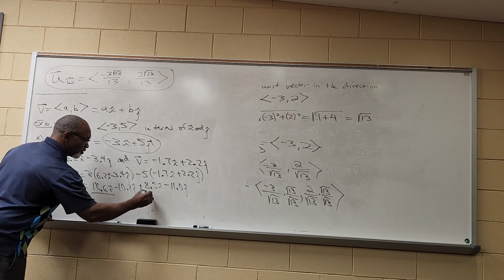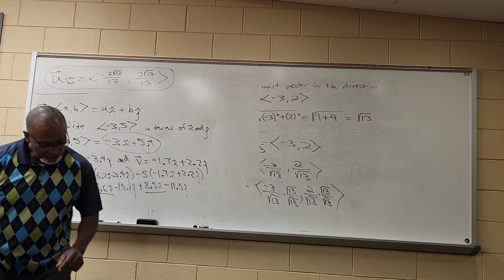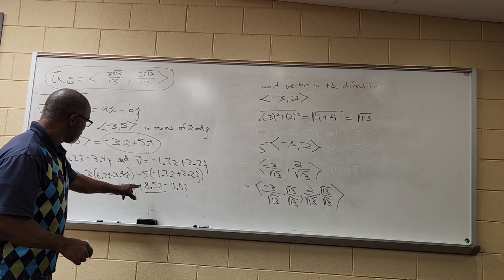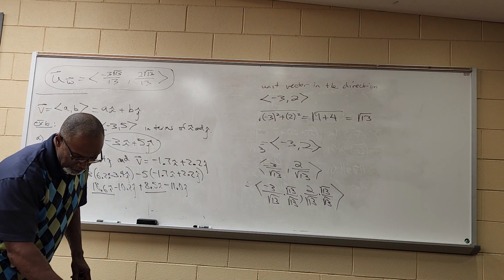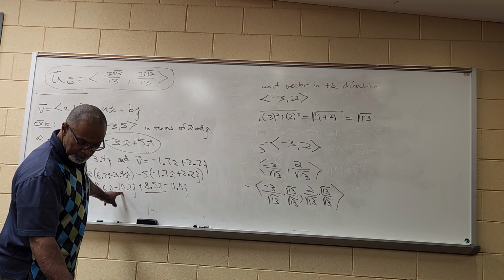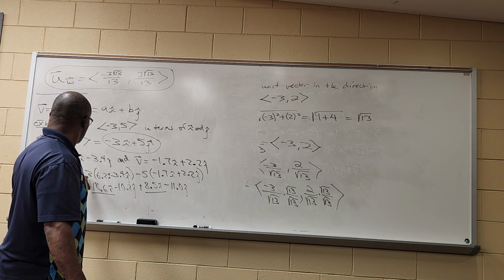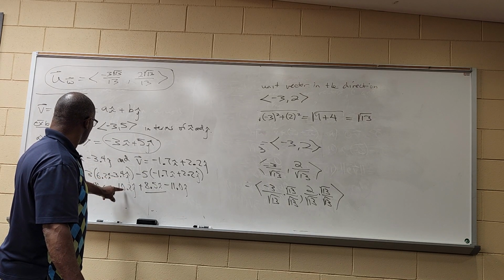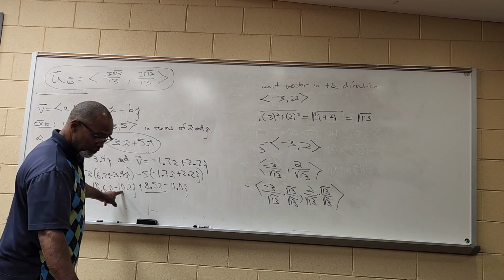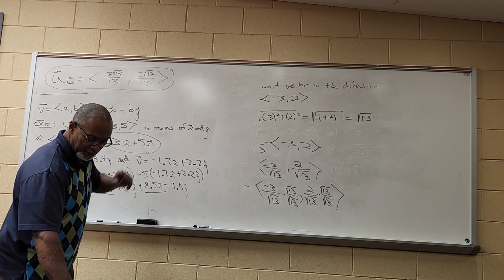Now I'm going to add components. Let me make sure I did everything right. 3 times 3.4 is 10.2. Yes, so 18.6 minus 10.2 plus 8.5 minus 11j. All right, we're doing everything right.